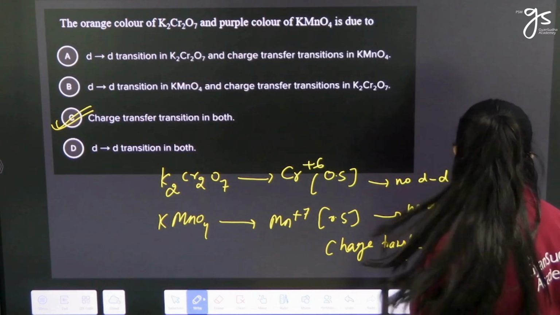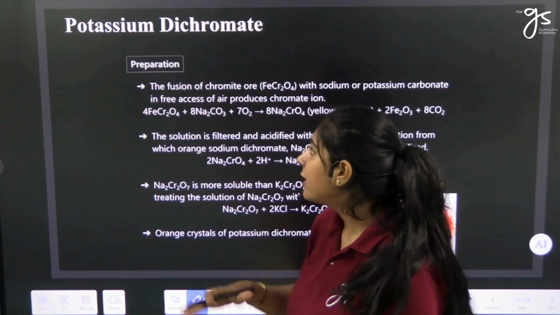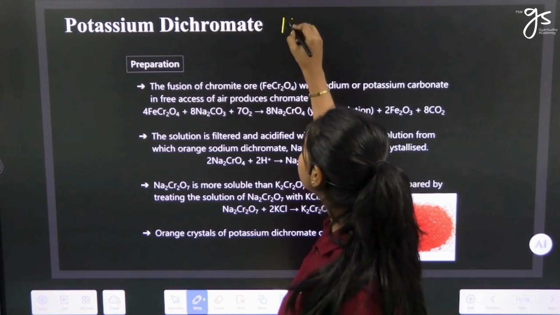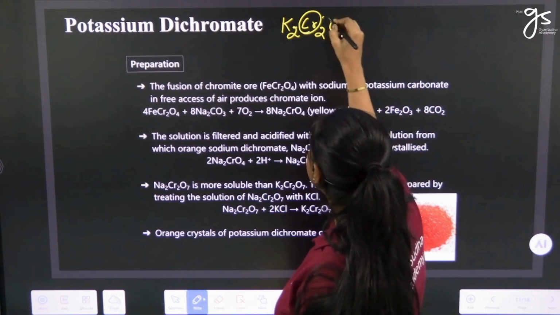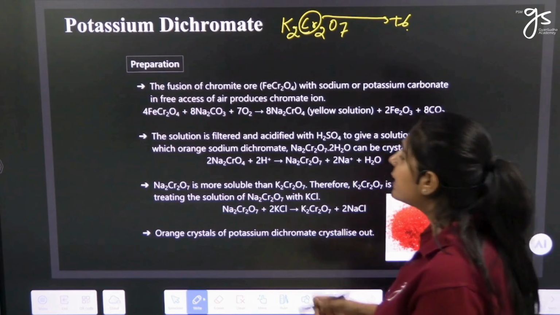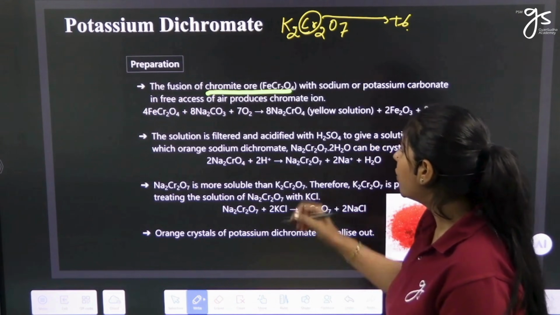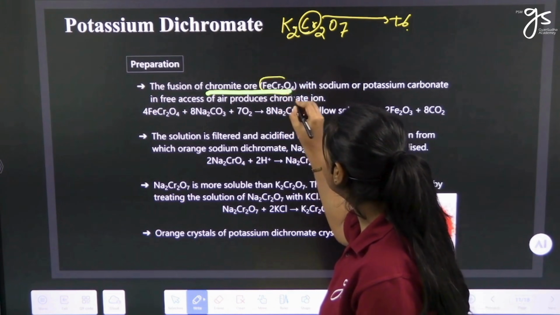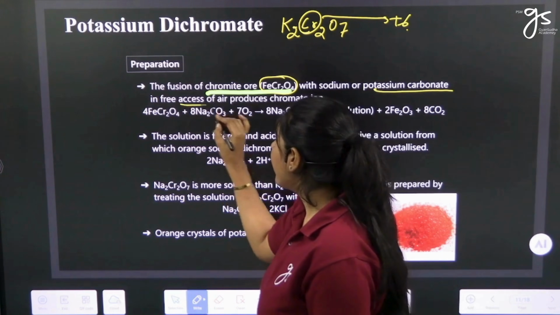Now moving ahead, another important compound, that is potassium dichromate. The formula is K2Cr2O7, and in this case the chromium is in +6 oxidation state. So how is it formed? It is formed by the fusion of chromite ore. And what is chromite ore? FeCr2O4, with sodium or potassium carbonate in the presence of excess of air.